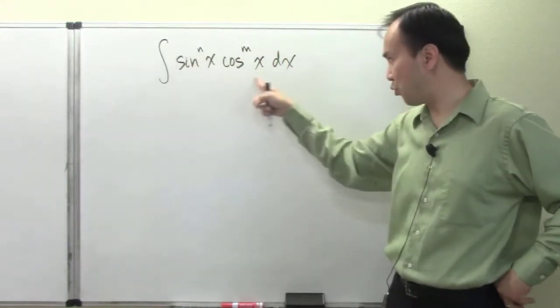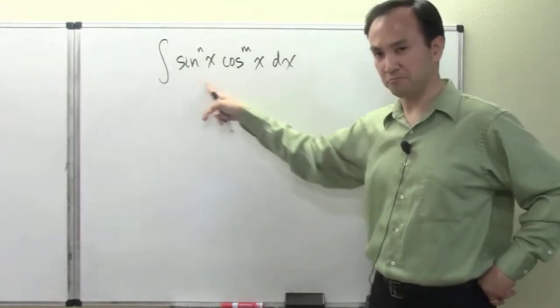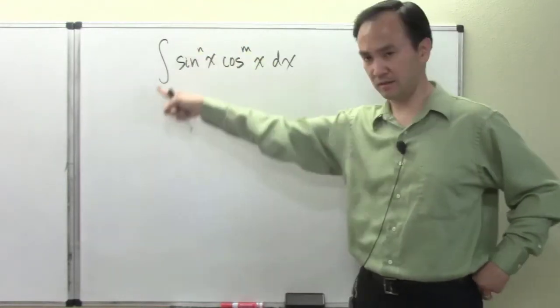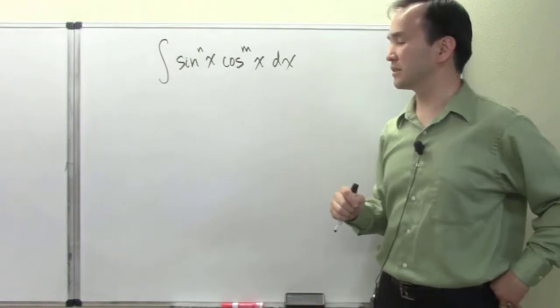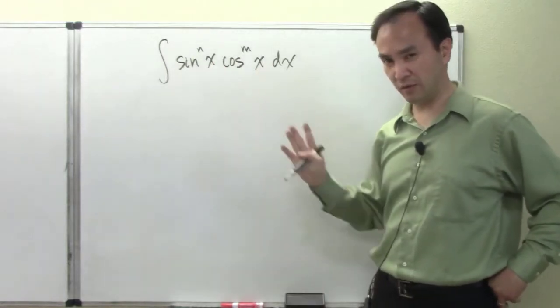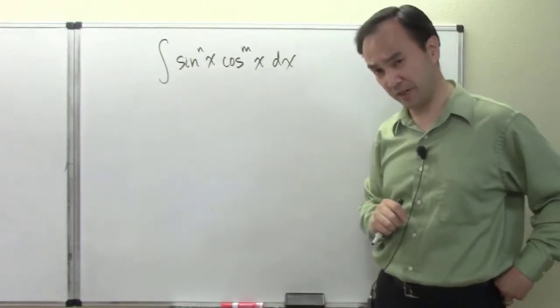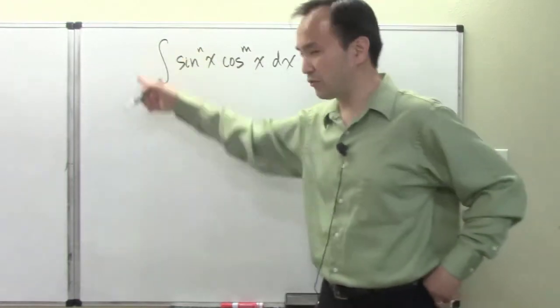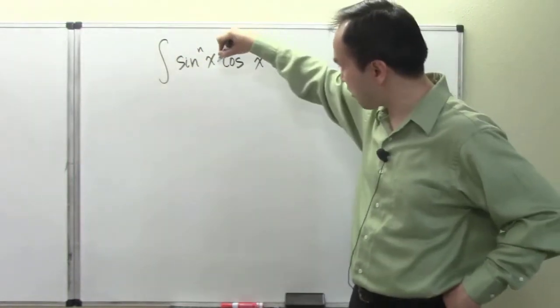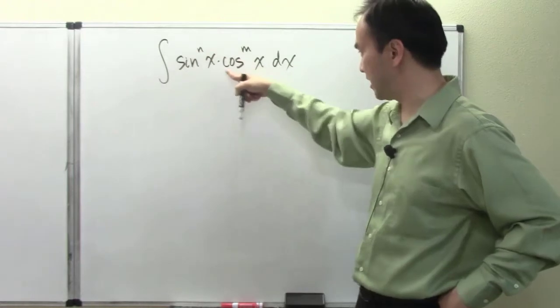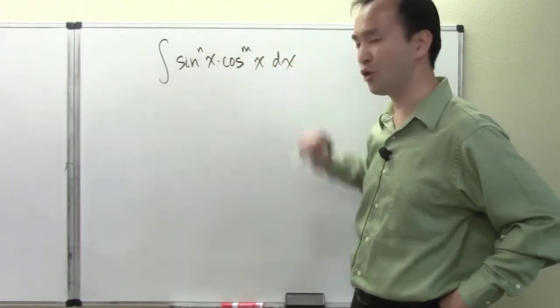Okay, and that is one big trig function. Let's look at a few examples in this family so that we can recognize some generalization right there. This is the family that we are heading into. It's a product of a power of sine and a power of cosine.